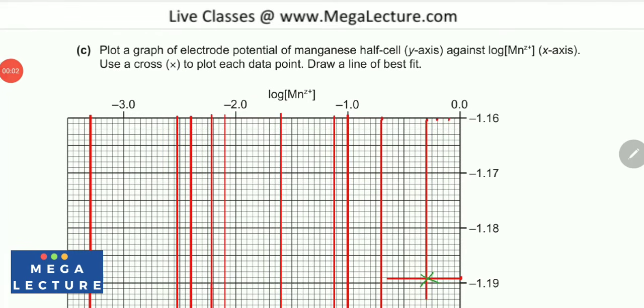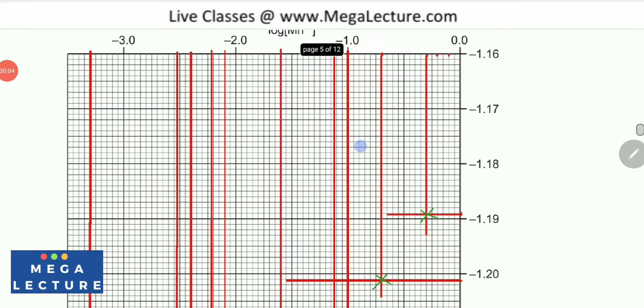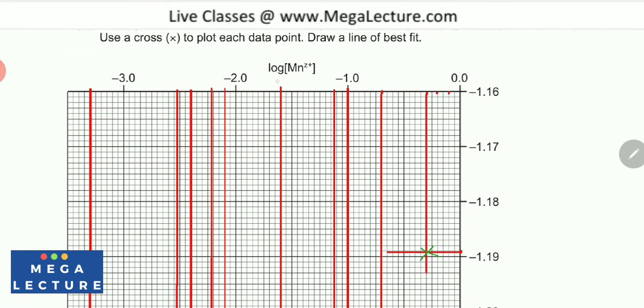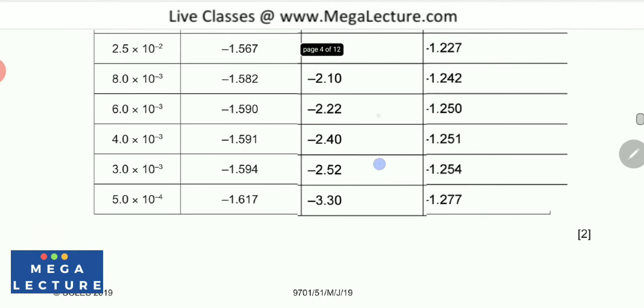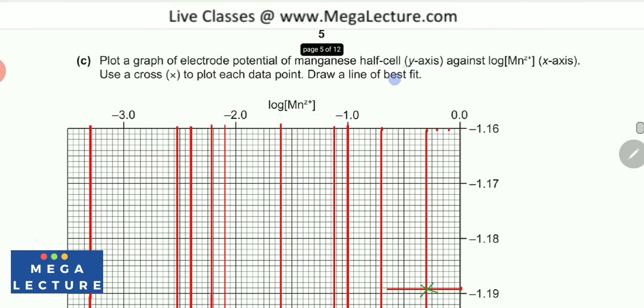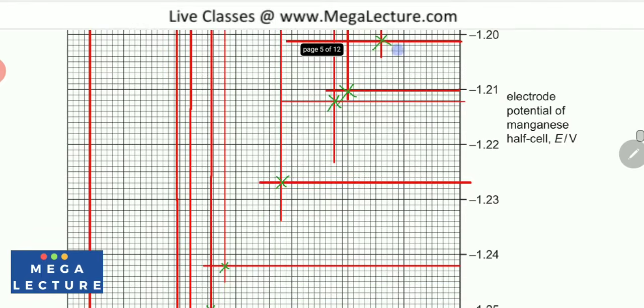Now here I've plotted all the points. Remember, use the same technique that I've used over here. Draw very light lines with your pencil on the x-axis. Plot the x-axis values, the ones that are given in the table over here. Plot these first and draw these straight lines that extend all the way to the bottom.